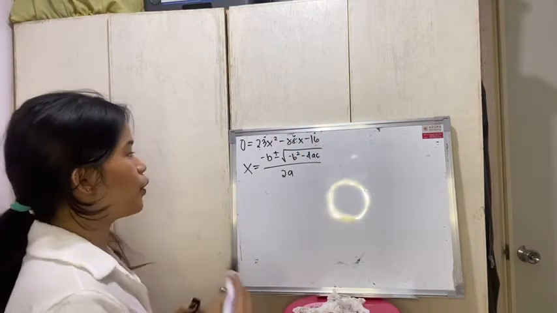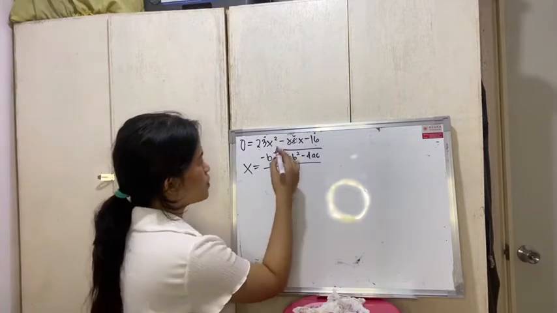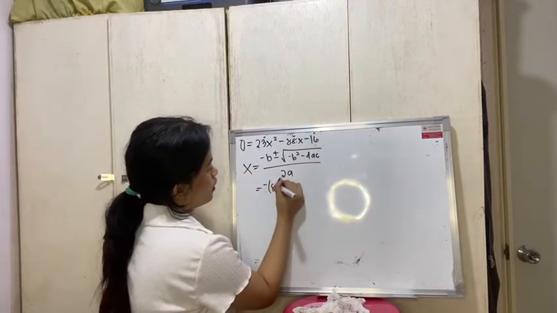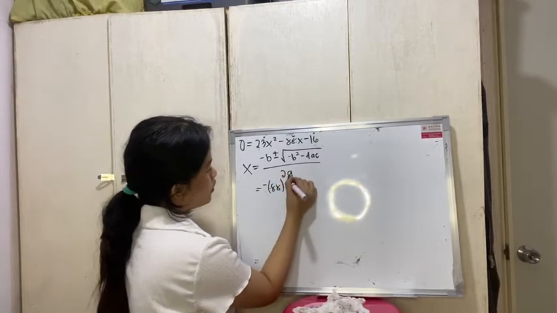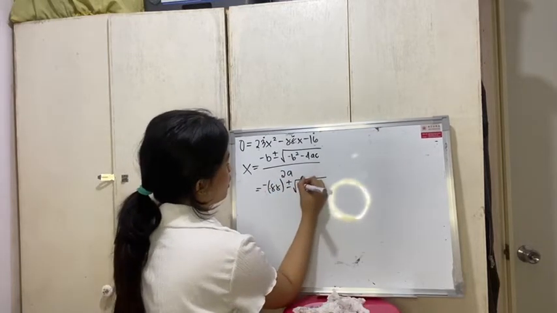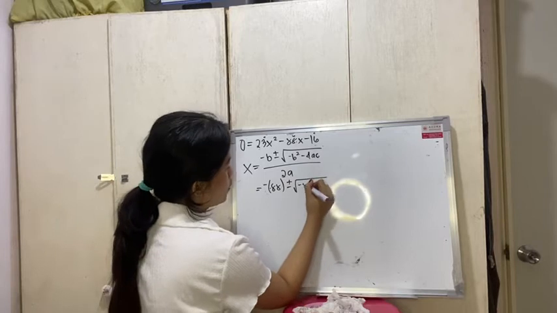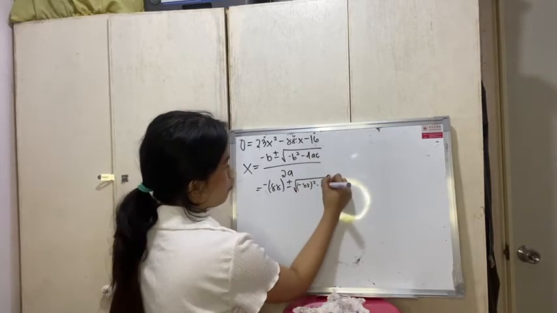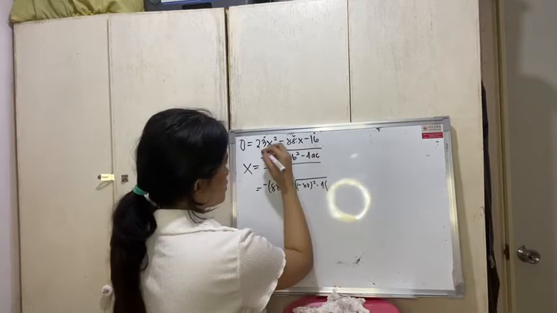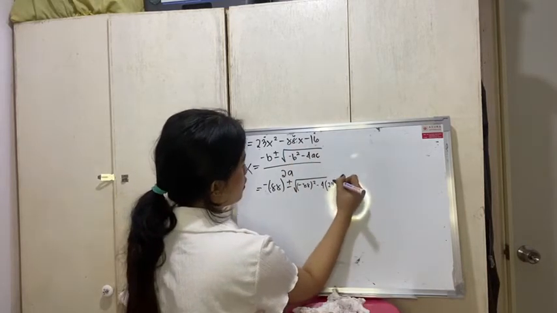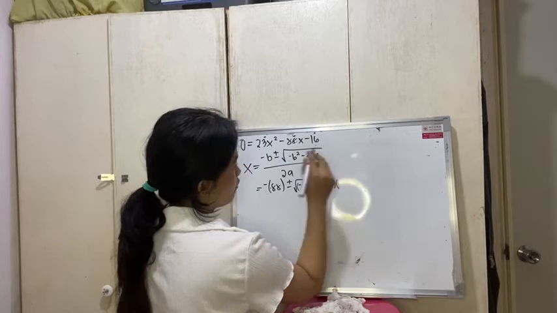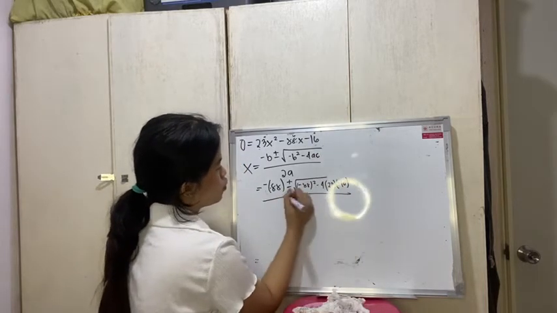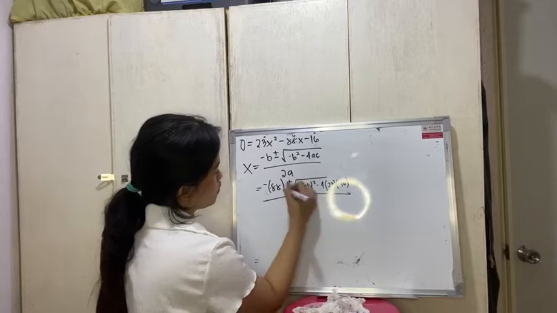So now we replace the values: negative b, which is 8, positive and negative, the square root of negative 8 squared, minus 4 times 23, and the value of c, which is negative 16, over 2 times the value of a, which is 23.